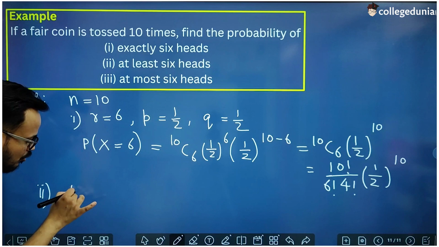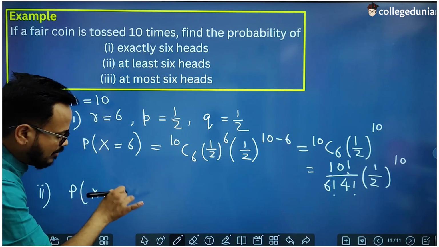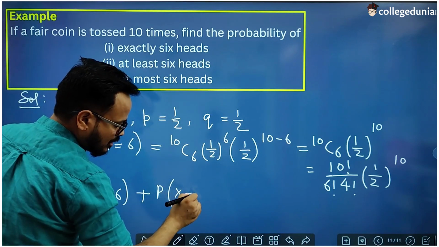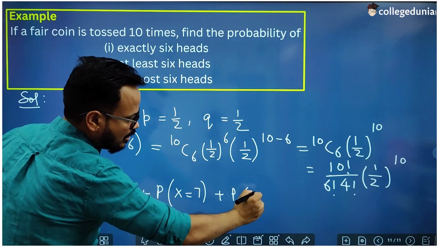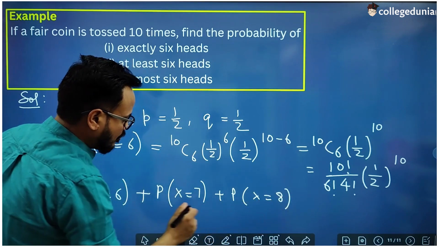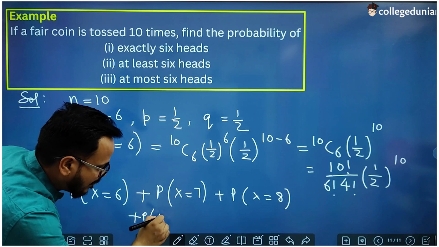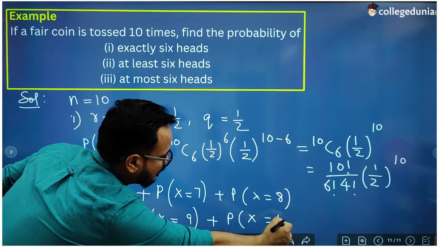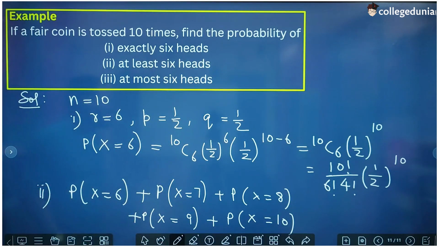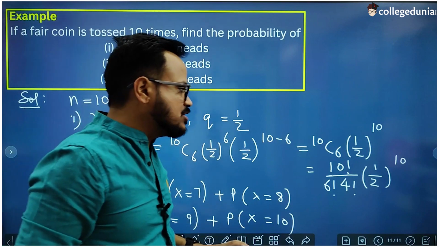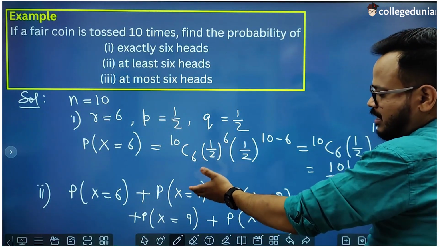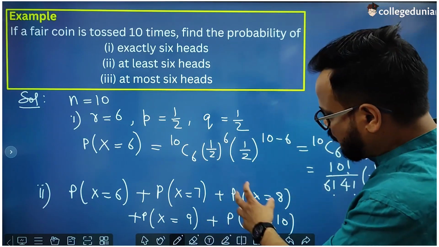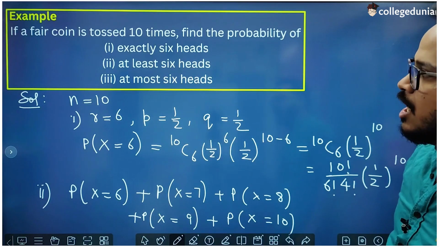So we have to find the probability of X equal to 6, then 7, then 8, then 9 and 10, and we have to add them all together. This is the formula using which you are going to find P(X = 7). You will put 7 here and 7 here and 10 minus 7 here, then for 8, then for 9, then for 10, and you will add all of them.